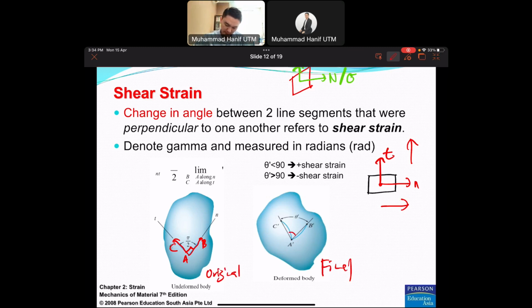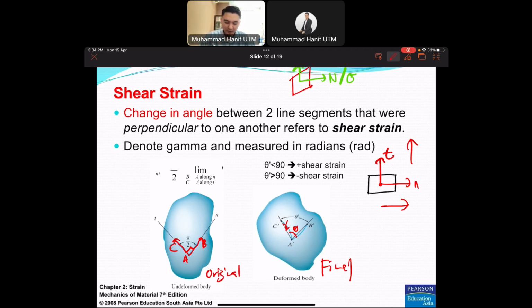If you can see here, this is the angle, the change in this angle from blue color to red color, blue color to the black color is changed as well. I put a gamma, sorry. The statement here denotes gamma, measured in radians, so the shear strain should be in radian value.